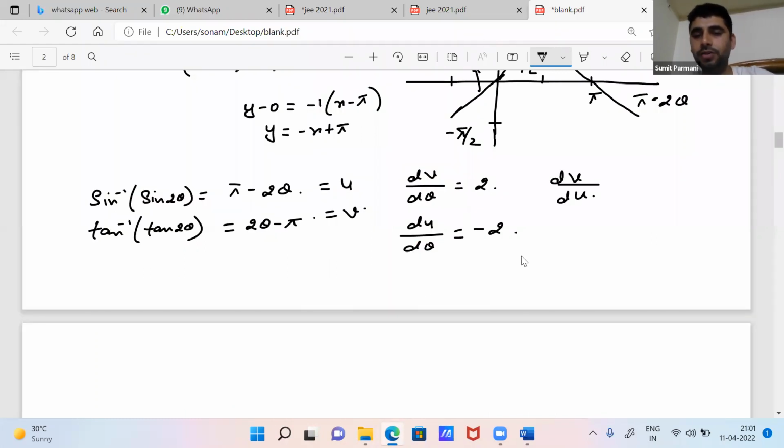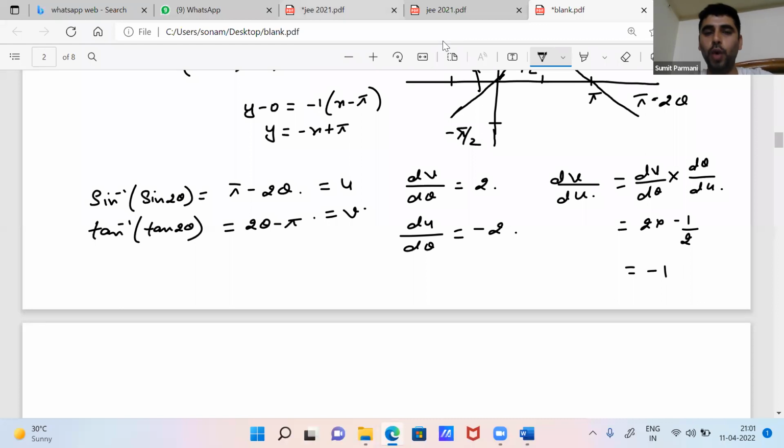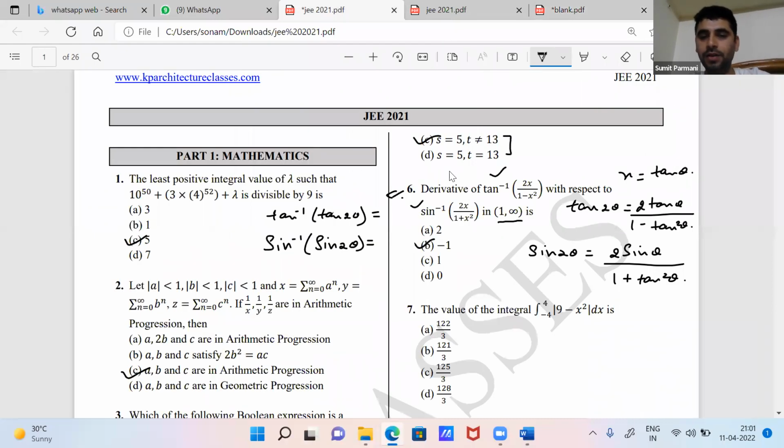So it is dv by du, which equals dv by d theta into d theta by du. So this is 2 into -1 by 2. So the answer is -1.